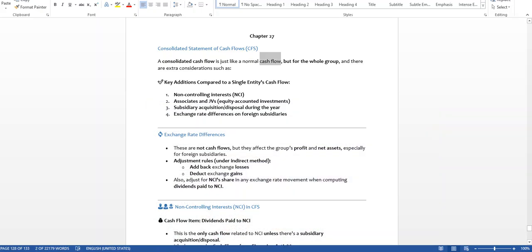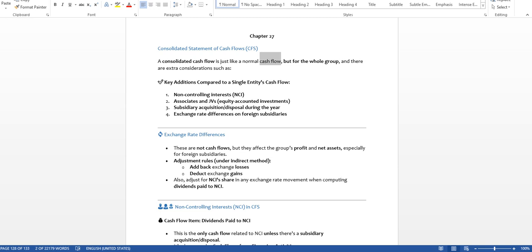Now, for the adjustments, they are not cash flow. Then we have the adjustment rule under the indirect method. If there is any exchange loss, it is an expense. Indirect method means you are starting with net profit.